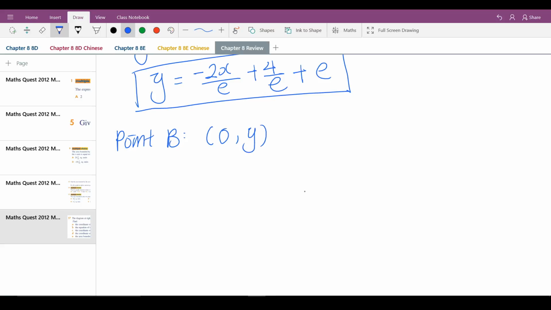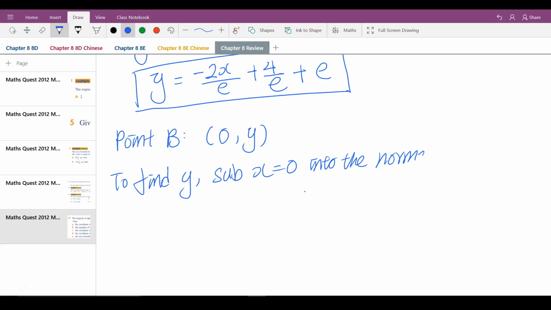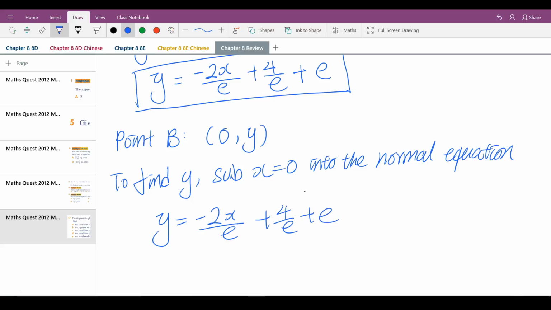To find y, sub x equal to 0 into the normal equation, which is the one that we just got. So y equals negative 2x over e plus 4 over e plus e.